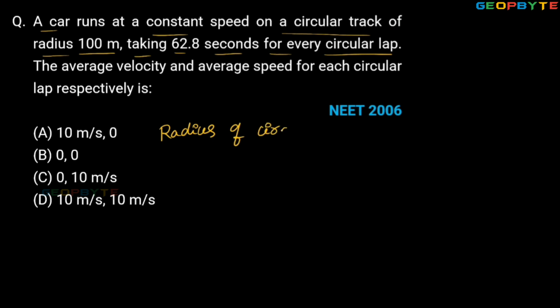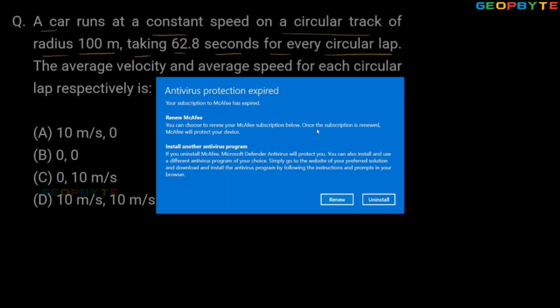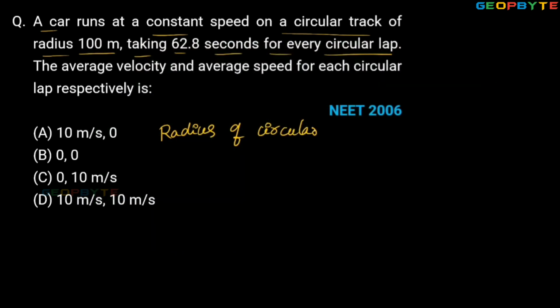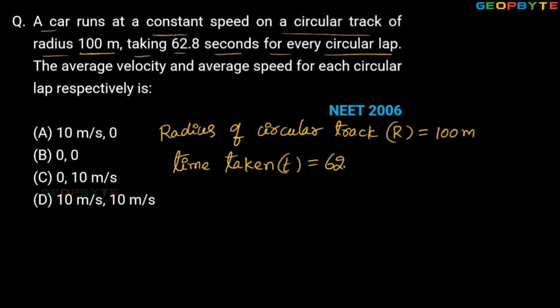It is given the radius of the circular track equal to 100 meters, and time taken, let that be t, is 62.8 seconds.